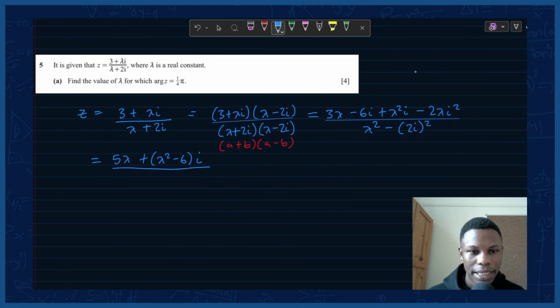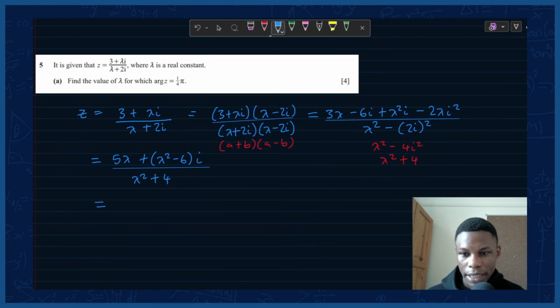And this is all being divided by lambda squared minus 2i squared, which is square the 2, square the i. So that part is going to be lambda squared minus 4i squared. We said i squared is -1, so that's lambda squared plus 4. So this is all being divided by lambda squared plus 4.